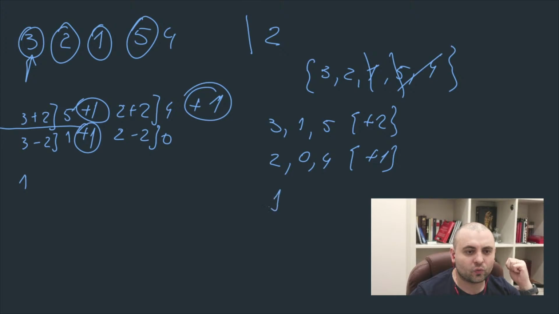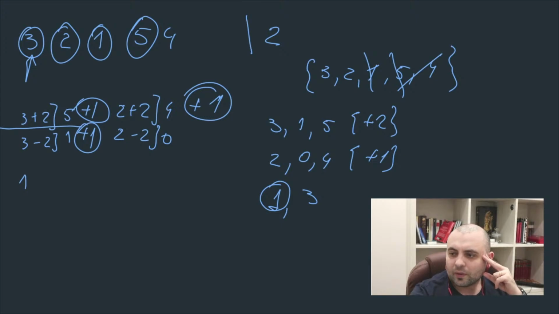We move next to 1. We search for 3. We still have 3 in the set, but maybe we should check if 1 is in the set, because if we use it in other pairs... Yeah, so probably the algorithm should be something like this.